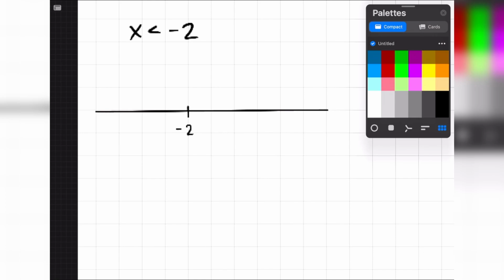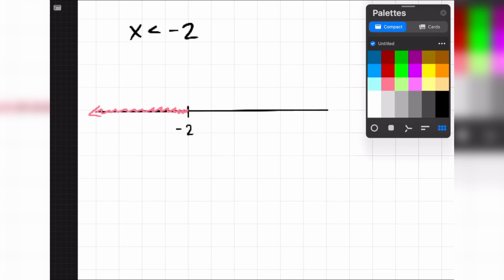So based on the inequality symbol, we can see here, x is less than -2. So in this direction is less than, in this direction it's greater than, right? So it's pretty simple. If x is less than -2, then the x is over here, from -2.